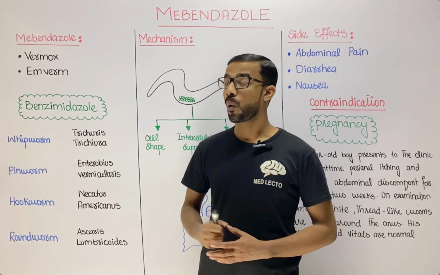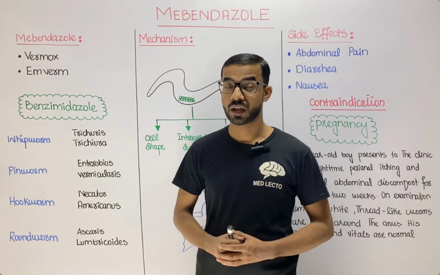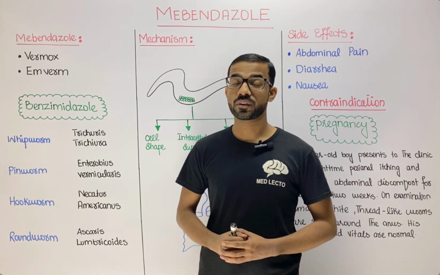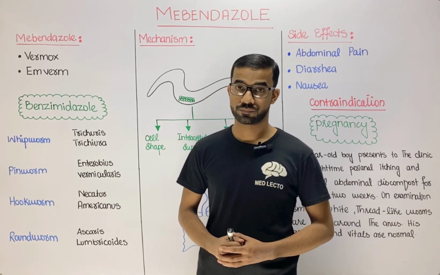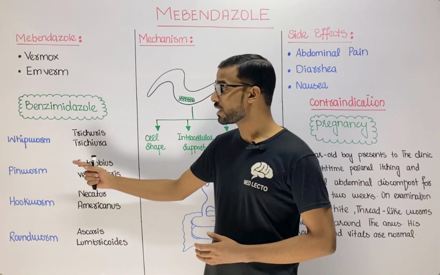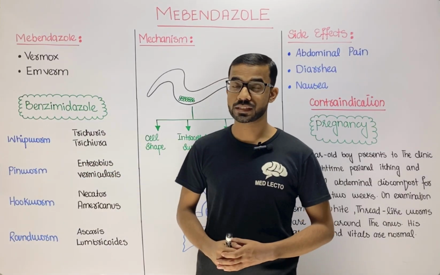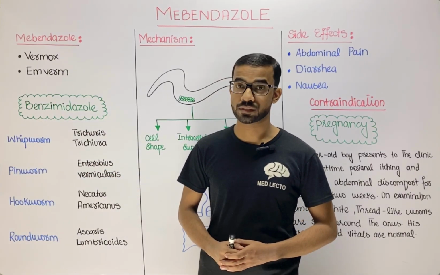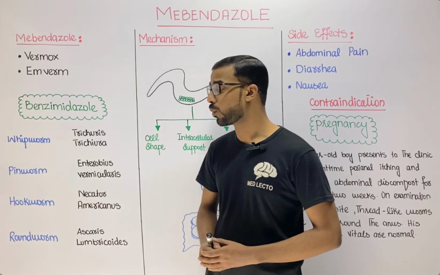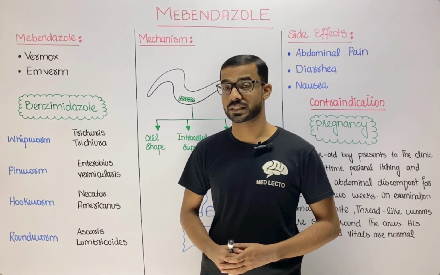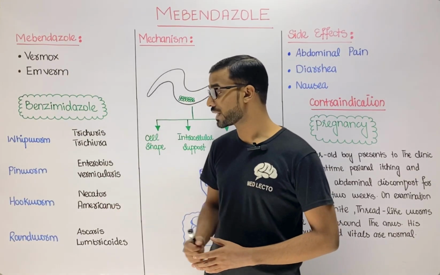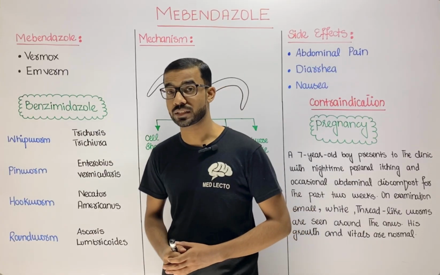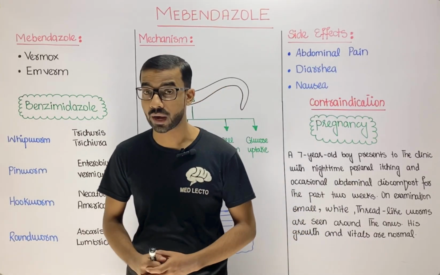First is the whipworm, also known as Trichuris trichiura. Second is the pinworm, that is Enterobius vermicularis. Third is the hookworm, Necator americanus. And the fourth one is the roundworm, that is Ascaris lumbricoides.